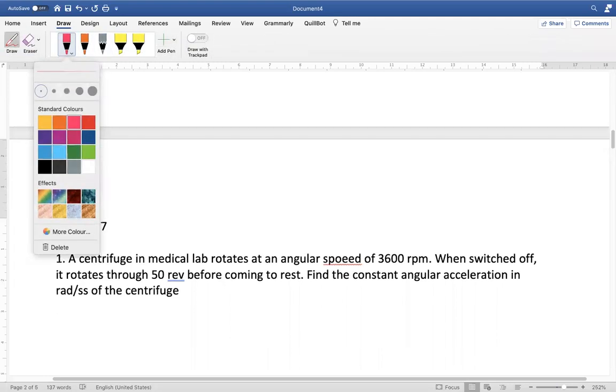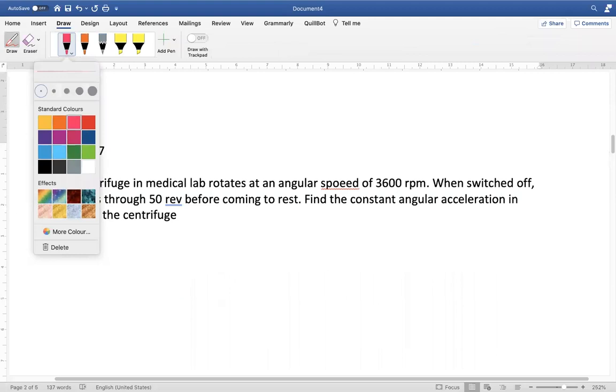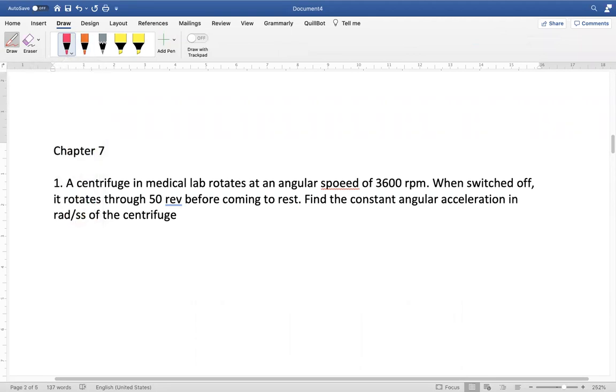Okay. Centrifuge, kita dah belajar centrifuge tu apa, benda yang rotate tu untuk separate blood, plasma to red blood cell lah. So it rotates really fast to separate benda yang lain density because it depends on mass. A centrifuge in medical lab rotates at an angular speed of 3,600 RPM. So angular speed, omega is 3,600 RPM. What is RPM? It is revolutions per minute.